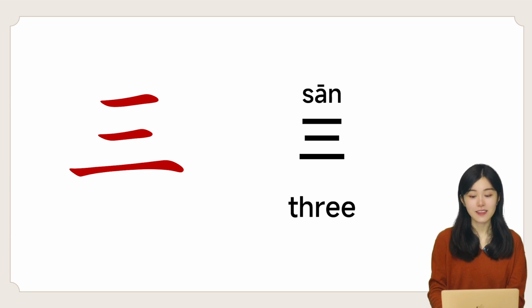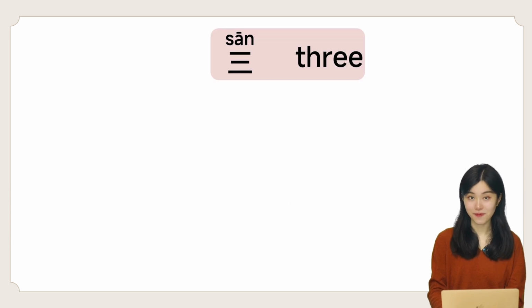Next example character. 三 means 3. Please read it after me. 三. Guess how to write it? Yes, we still write it from the top to the bottom. So we first write the horizontal stroke on the top, from the left to the right to draw a line.